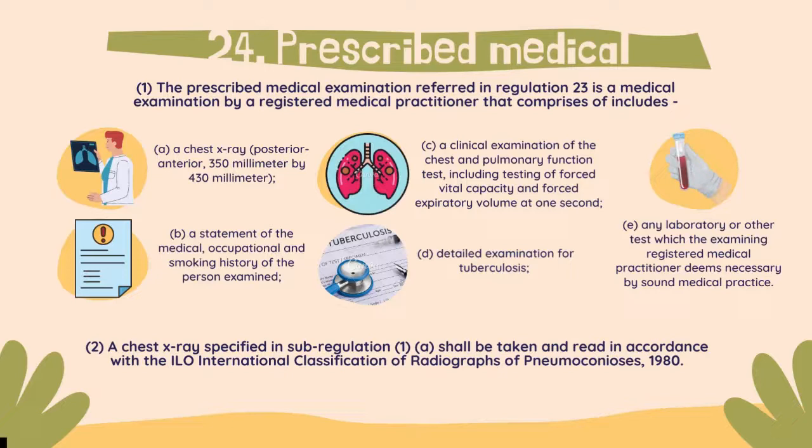Second, a chest X-ray specified in Sub-Regulation 1A shall be taken and read in accordance with the ILO International Classification of Radiographs of Pneumoconiosis 1980.